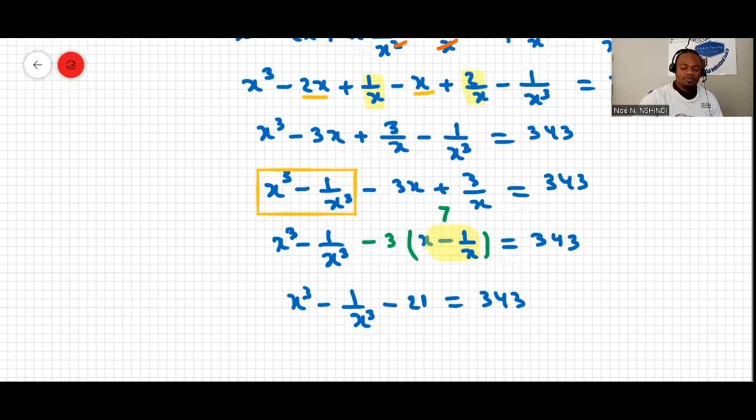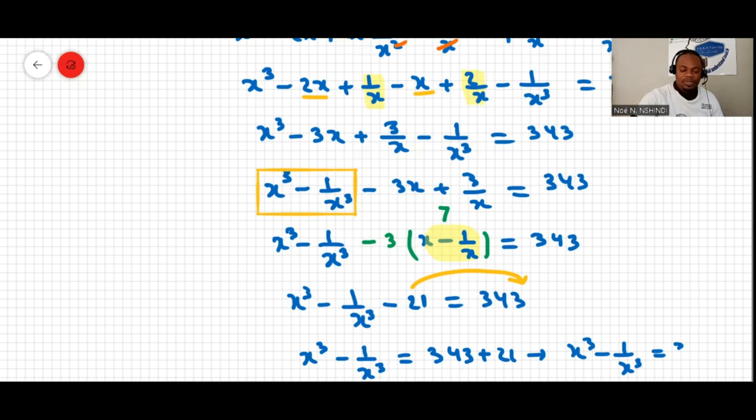So if we move the negative 21 over, x cubed minus 1 over x cubed equals 343 plus 21, and that makes x cubed minus 1 over x cubed equal to 365. Thank you.